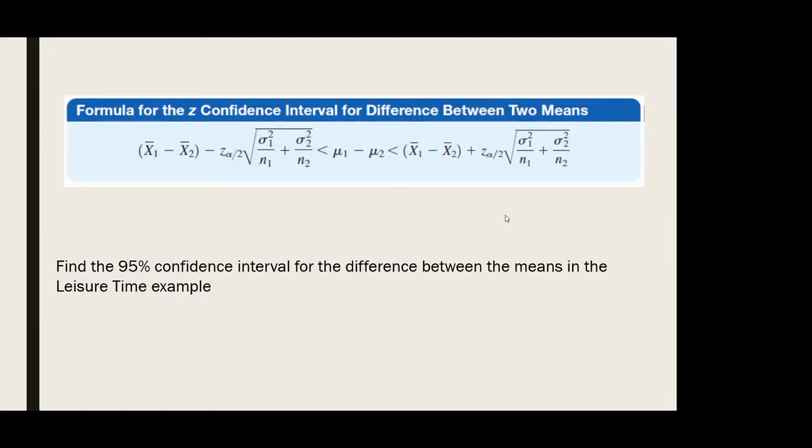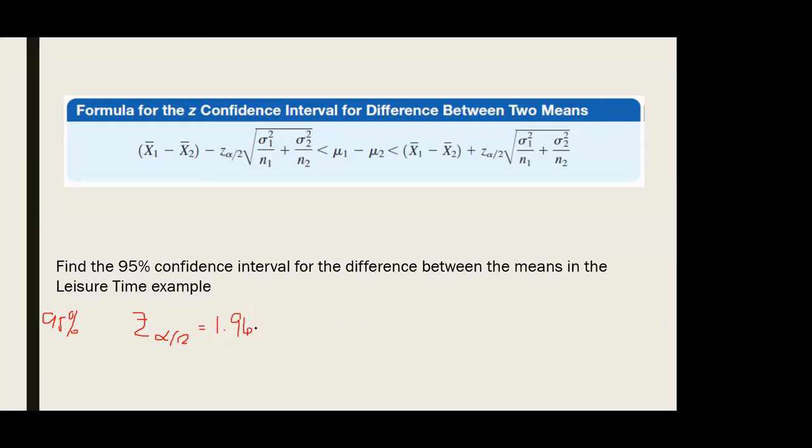So this is the formula that we used. I also told you to explore, as your assignment, what our z alpha over 2 is if we are going to use a 95% interval. So our z alpha over 2 is just 1.96.